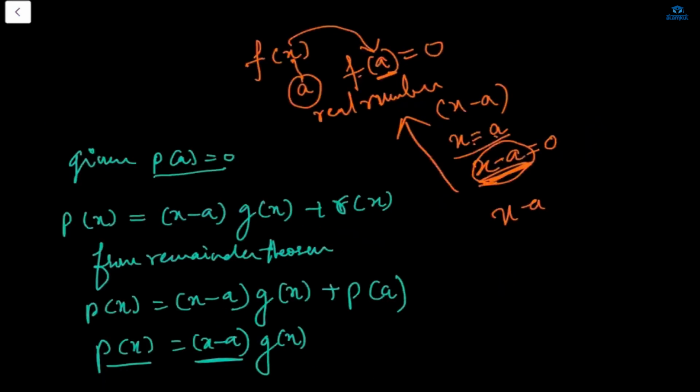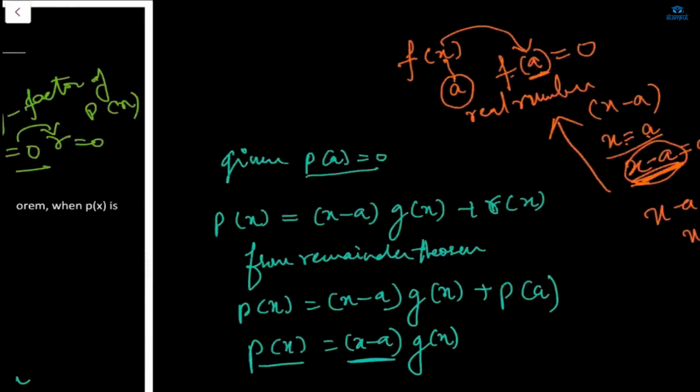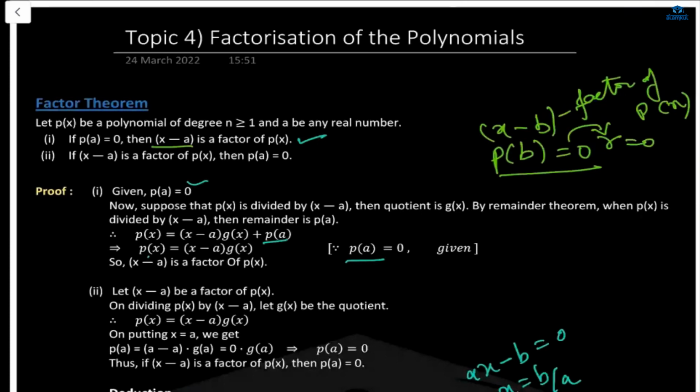That means x can be equal to a. Okay, so if we are going to put f(a), then it will be equal to 0. These two things are only written in the factor theorem. It is talking about, from the name itself, the factor. Factor is what? If I'm saying 2 and 3 are dividing 12, so they are the factors. Okay, Sharon? So it is nothing very complicated.